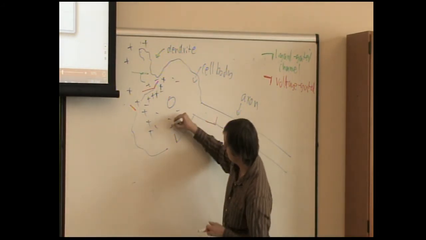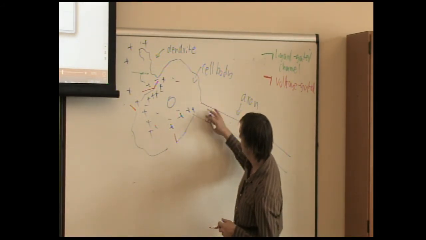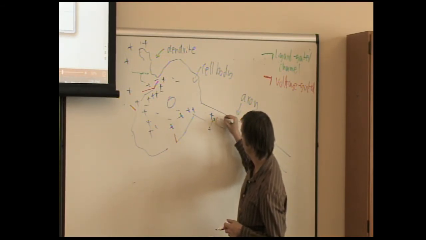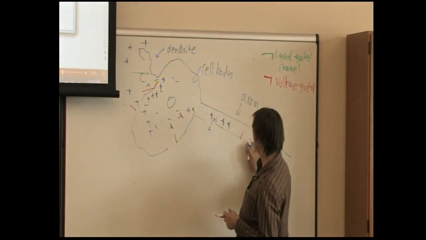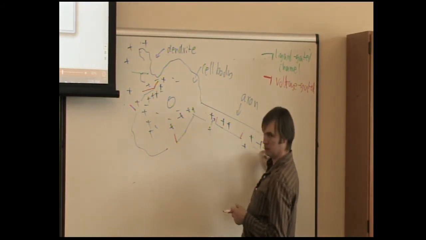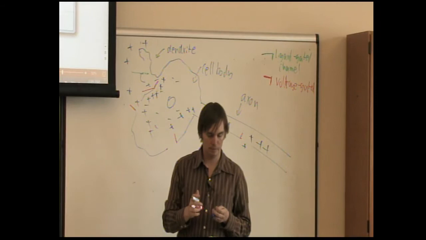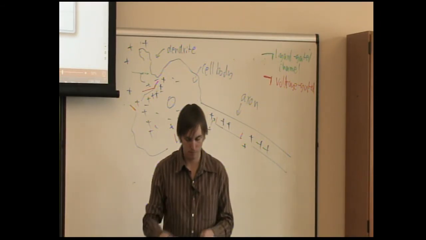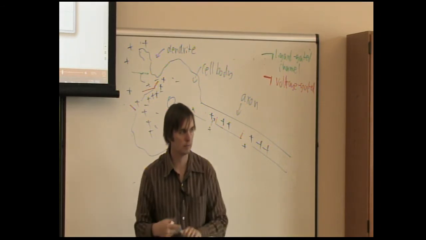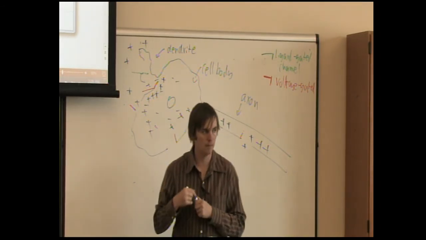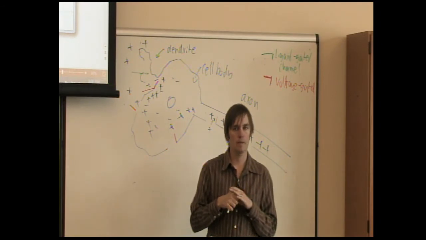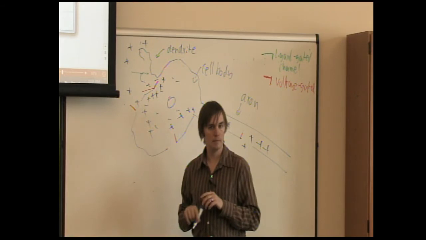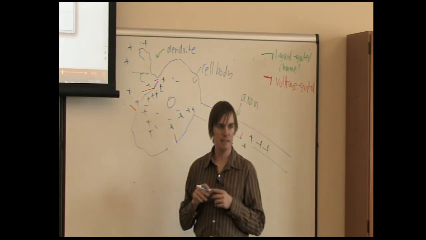So we open this one. Those positive ions make this one open, which lets in more, which opens this one, and so on and so forth. So as far as explaining the propagation, you can simply write that once an area of the cell crosses its membrane threshold, it causes more and more channels to open all down the axon.